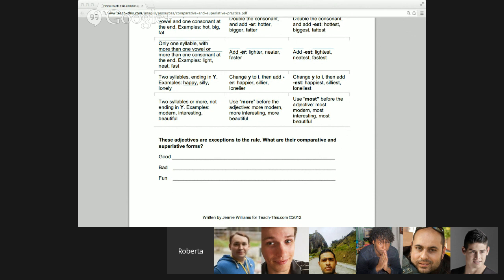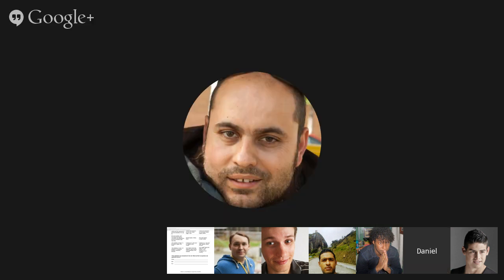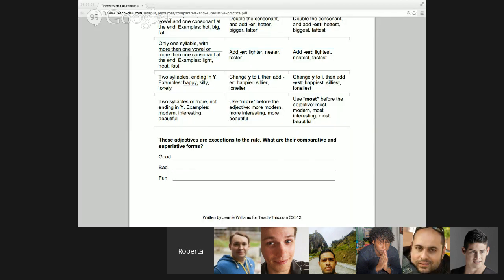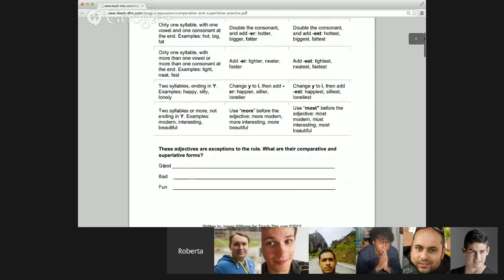Exceptions to the rule? Yes, the unique form of the word. Exactly. So exceptions to the rule mean that they are unique, right? These words are unique. This means that all these rules that we read about, these ones don't really follow that, okay? So that's why English is tricky sometimes.